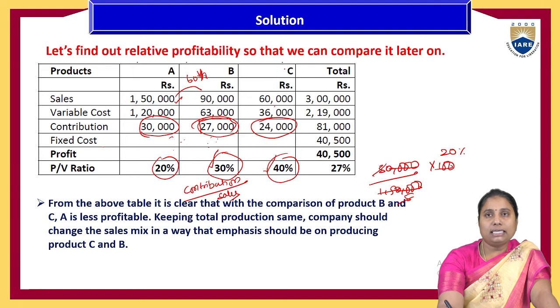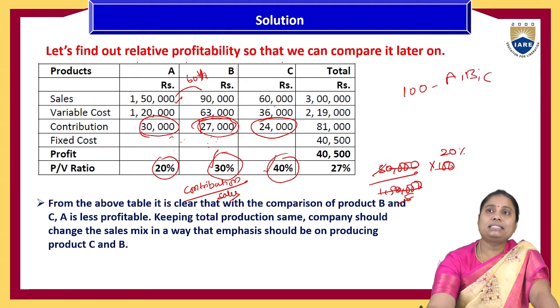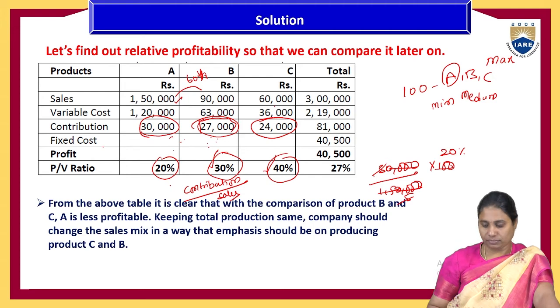Let us say they want to produce 100 articles of a total combination of A, B and C: maximum priority they have to give to C, medium priority to B, and minimum priority to A because of its profit volume ratio contribution towards this product.